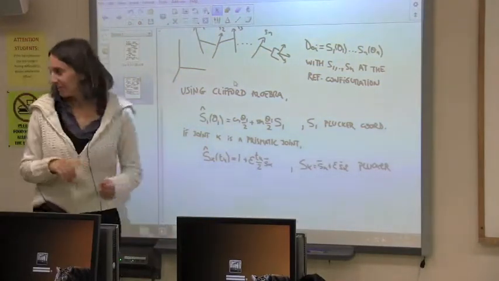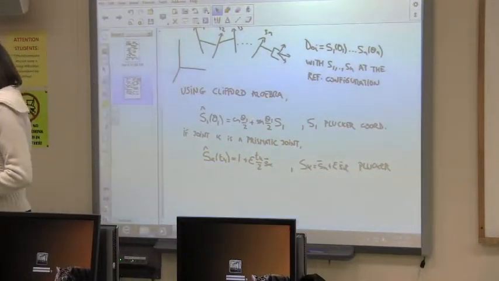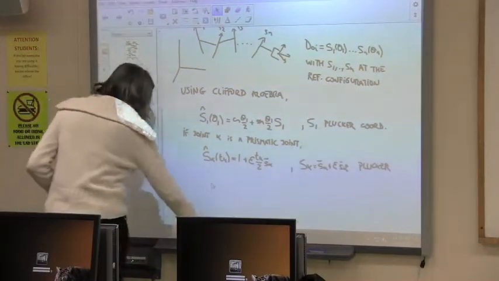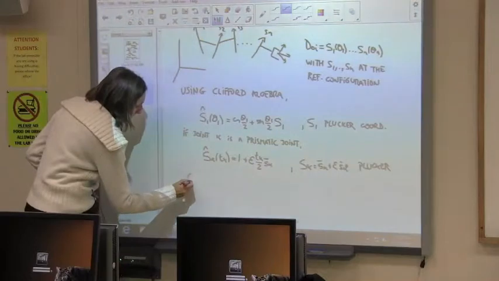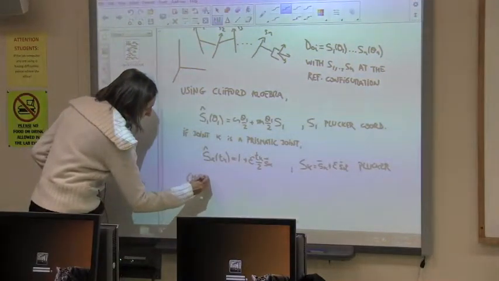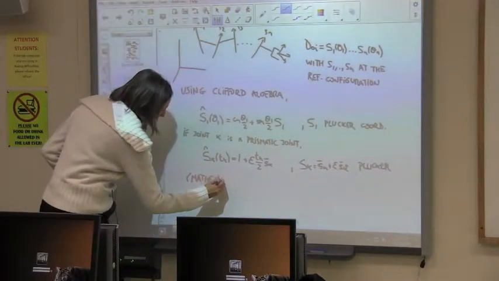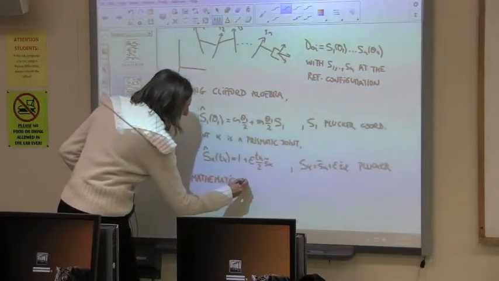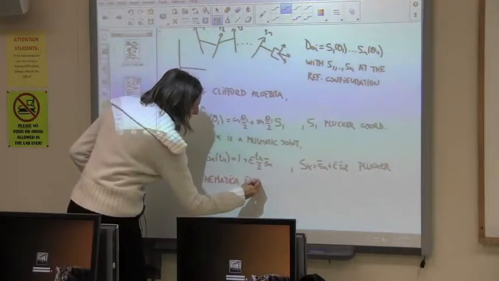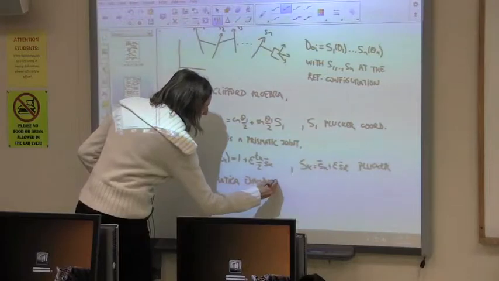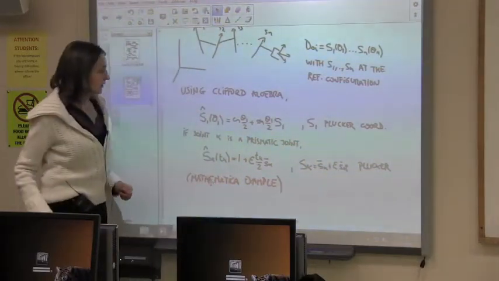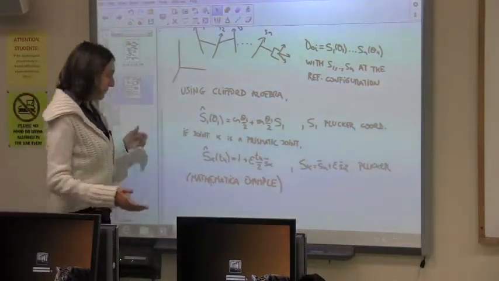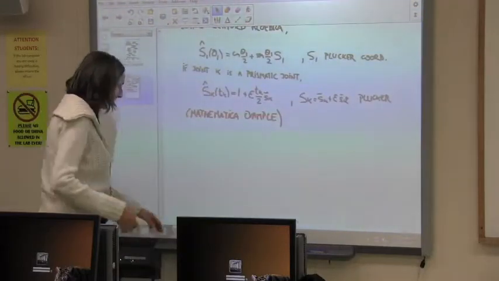Okay, let's try it. So I'm going to put here a mathematical example, and we can see how the workspace of relative displacements is different from the workspace of absolute displacements. Actually, let me say something else. I didn't put the bottom line, right?